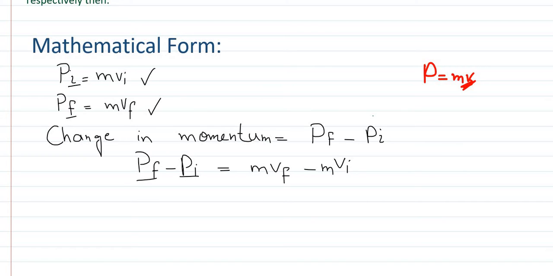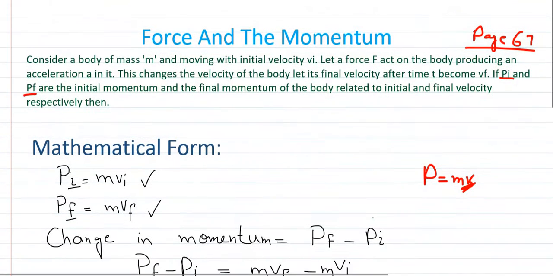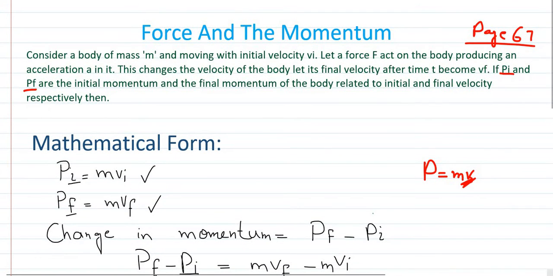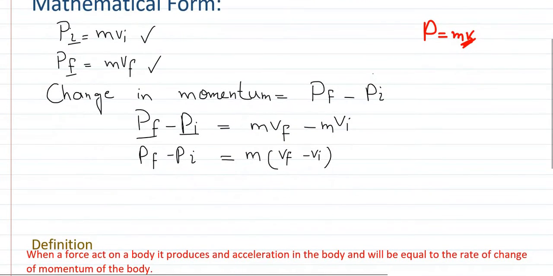On the right side you can see m is common, so I am taking m common: m times (vf minus vi) is equal to Pf minus Pi. Remember one thing more, we are discussing the relation between force and the momentum. Our topic is force and the momentum.